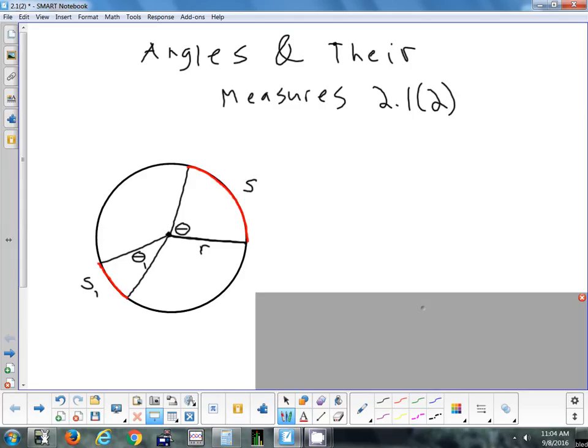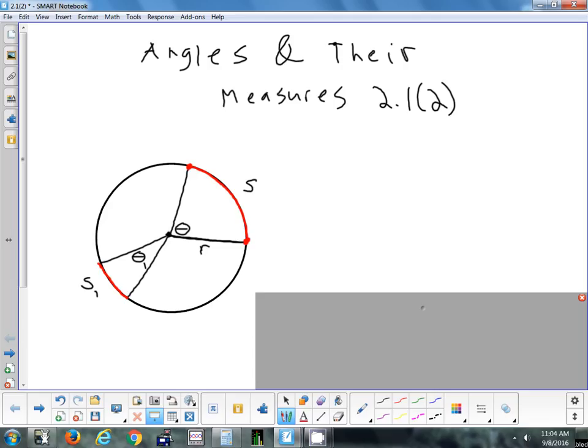And each angle has an arc that corresponds to it. If you look at angle theta, the rays come out, hit the circumference right there of that circle, and I have an arc between those two points. I've called that arc S, that's the letter S. Theta 1 is a different angle.